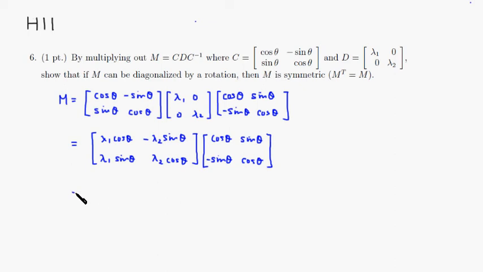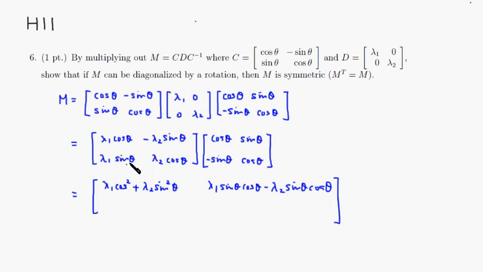Then this is going to be equal to, this times that gives you lambda 1 cosine squared plus lambda 2 sine squared of theta. And this times that gives you lambda 1 sine theta cosine theta minus lambda 2 sine theta cosine theta.